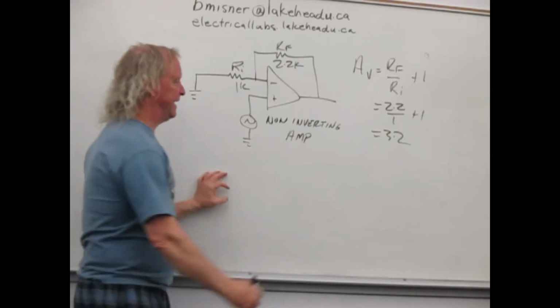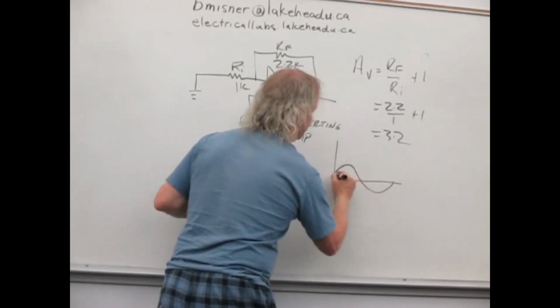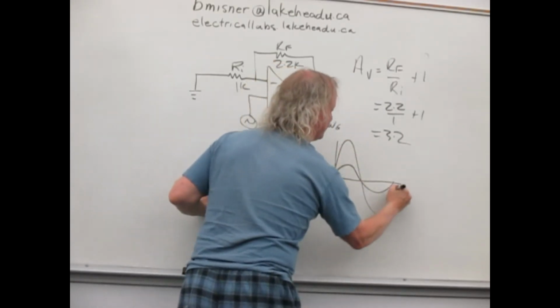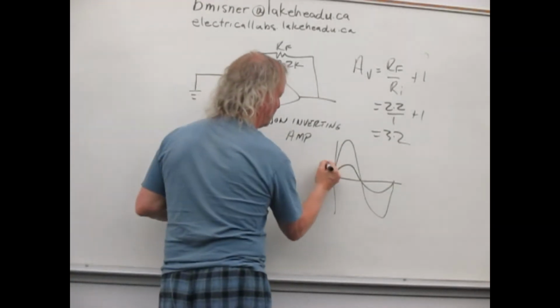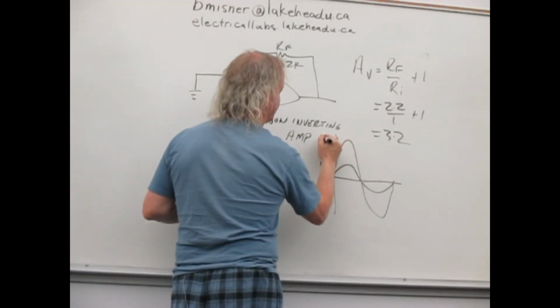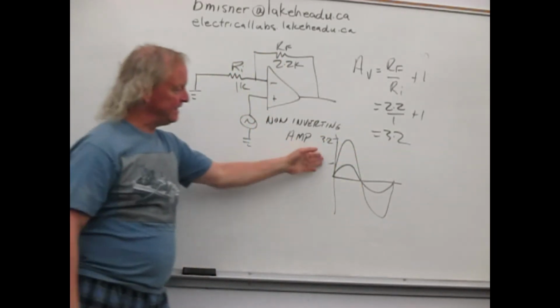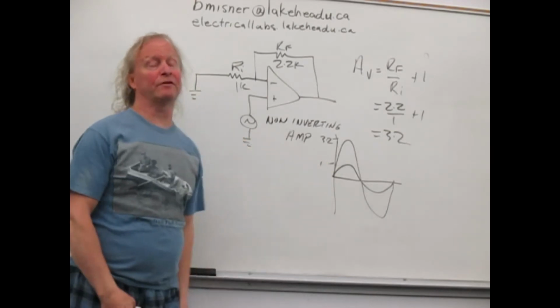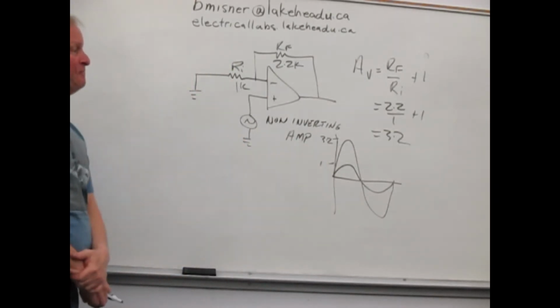But in our case now, if this is our input signal, our output signal is going to look like this. So if this is 1, this is 3.2, but it's in phase, so it's not inverted compared to our input.